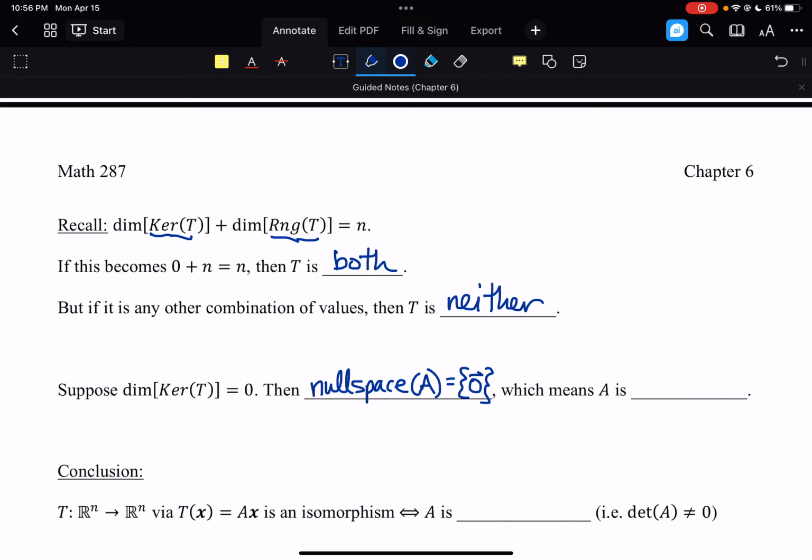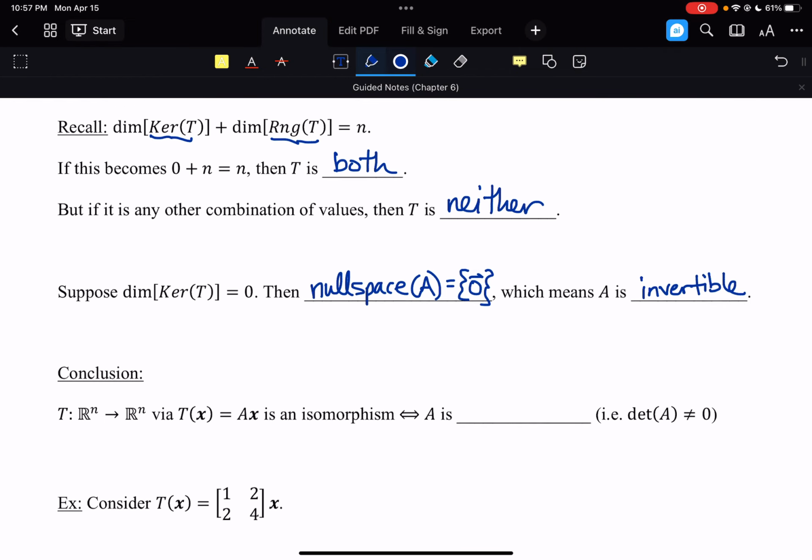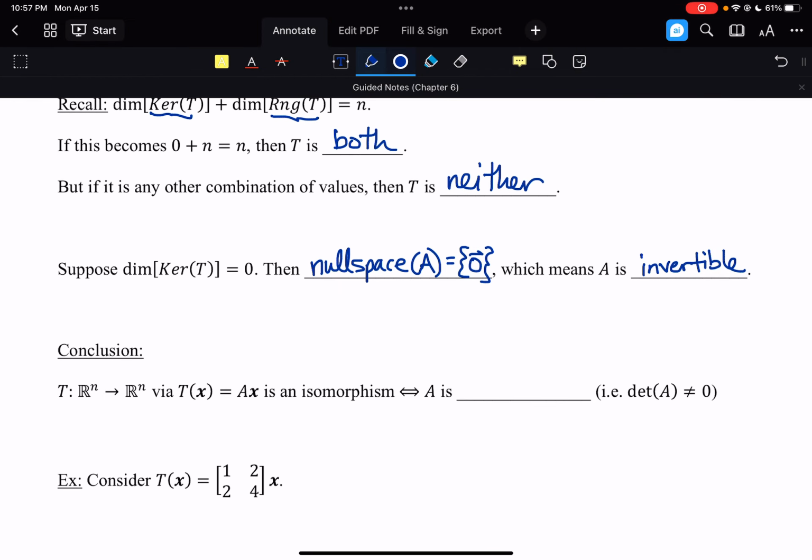And if we have a matrix whose null space is 0, so the only solution to that homogeneous system of equations is 0, that means A is invertible. This is one of our equivalencies in the invertible matrix theorem. The conclusion we can draw from this is that our matrix transformation will be an isomorphism if and only if A is invertible.